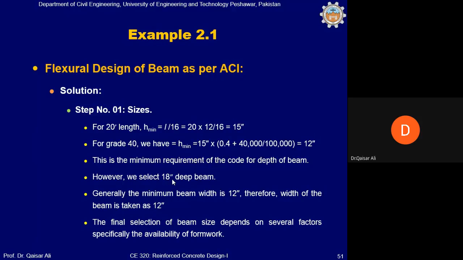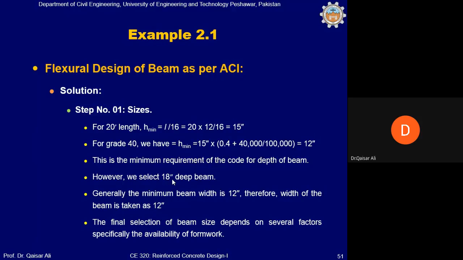We have to keep these things in mind while designing any member, be it a beam, column or slab. This availability of formwork is one of the main constraints in the design of reinforced concrete. Generally, a depth of 18 inch is readily available.